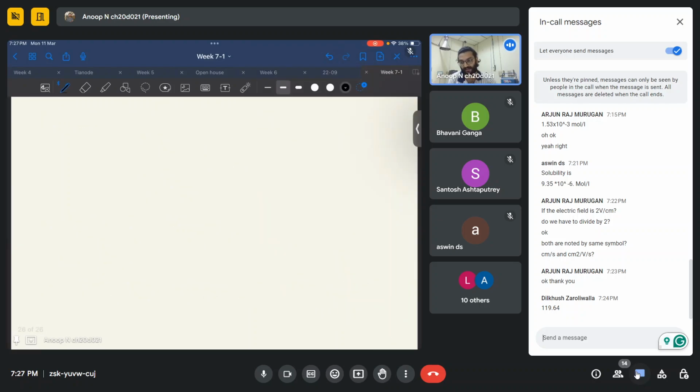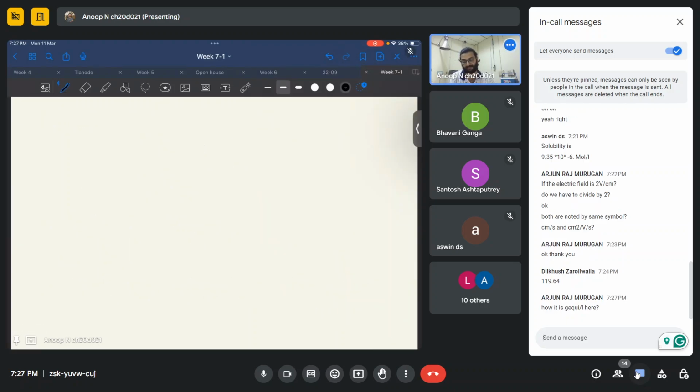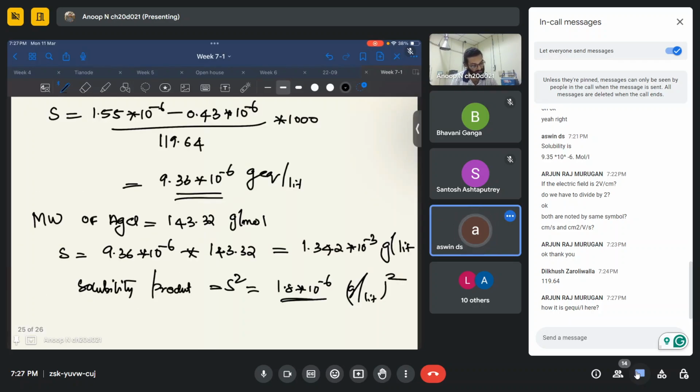To the next question. It's a short question. Yeah, you haven't noticed that we have multiplied by molecular weight, right? Which one are you asking? How will it come 10 raised to minus 6? Because 9.36 into 10 raised to minus 6 into 143.32.